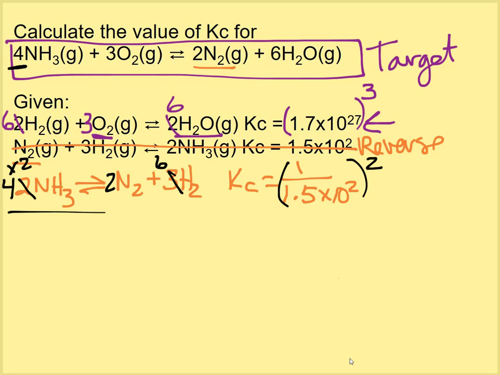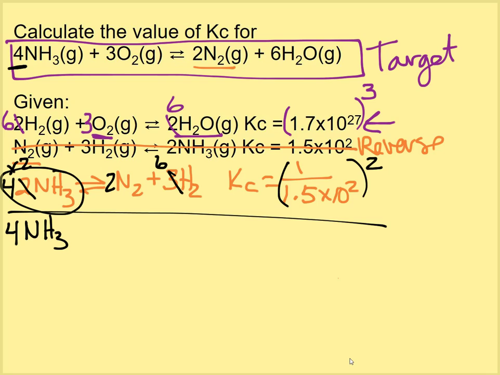All right, let's add everything up and see if it equals our target equation. I'm just going to try to match the target equation. So I have 4NH3. I can bring that down. I have a 3O2 I can bring down. And then I do have 6 hydrogens here, but I see that I have 6 hydrogens there too.